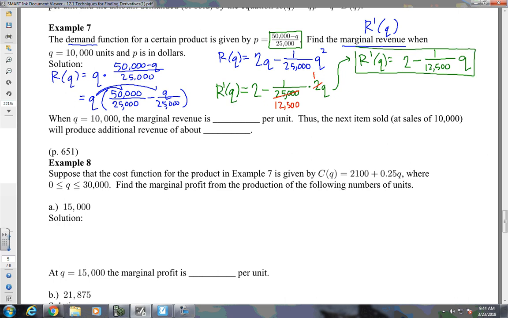Now the question says, what is the marginal revenue when Q is equal to 10,000? All we have to do is plug 10,000 in for Q. So we'll evaluate R prime of 10,000. So we have 2 minus 1 over 12,500 times 10,000. Now at this point I would pull out the calculator and let the calculator do the arithmetic.